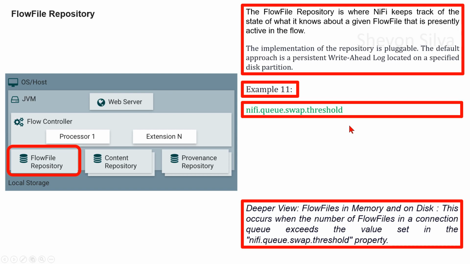This hash map has a reference to all of the FlowFiles actively being used in the flow. The object referenced by this map is the same one that is used by the processors and held in the connection queues. Since the FlowFile object is held in memory, all that has to be done for a processor to get the FlowFile is to ask the process session to grab it from the queue.